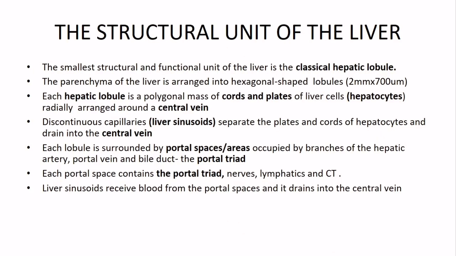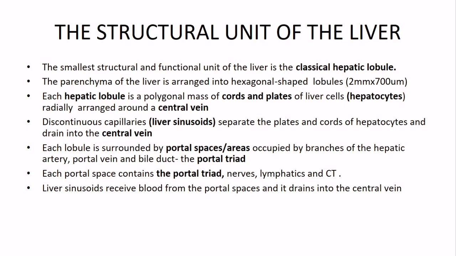Okay, so for the structural unit of the liver, we have the hepatic lobule. This hepatic lobule is a structure in which the liver parenchyma is organized into a hexagonal structure with a central vein at the center, and peripherally at each of the 6 corners there is a portal area.